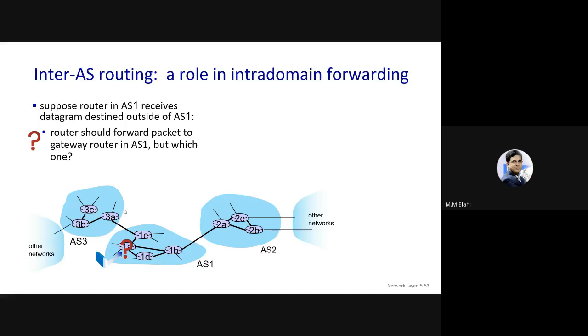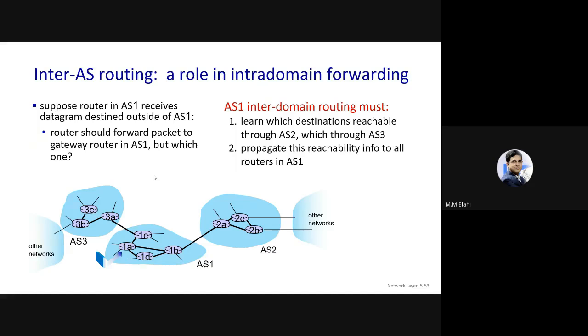If the destination is in autonomous system 2, it must forward to 1B. If it is autonomous system 3, it must forward to 1C. This type of routing entry represents inter-autonomous system routing, and it will also be forwarded to the internal routers too. This is the idea. Now, what will the 1A router do?